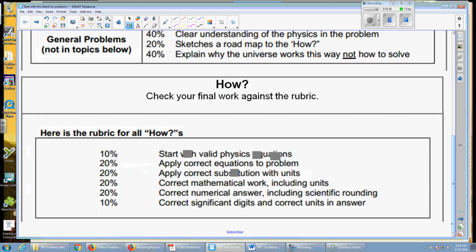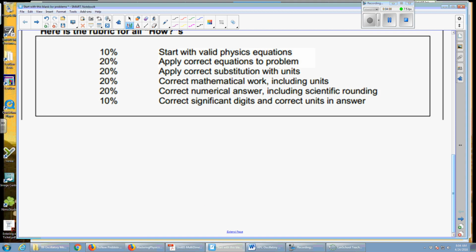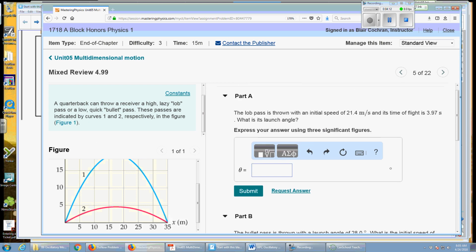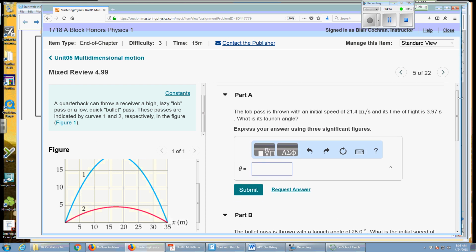So, in my how, let's start with part A, which tells me the lob pass. It tells me the initial speed, but doesn't tell me the direction.